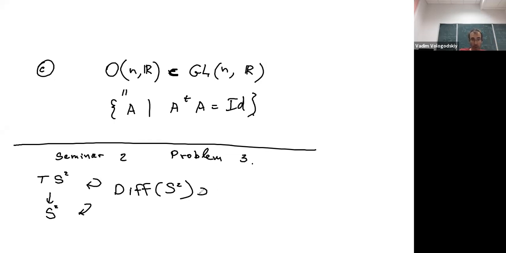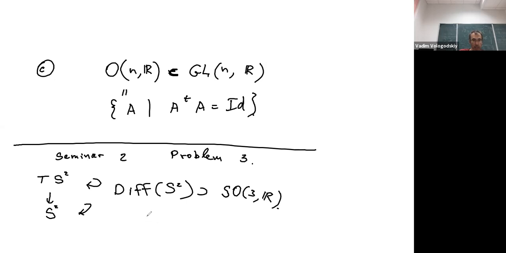Inside this group of diffeomorphisms, we have a subgroup, which is, say, SO(3,R), right? So I want to consider the action of SO(3,R) here.